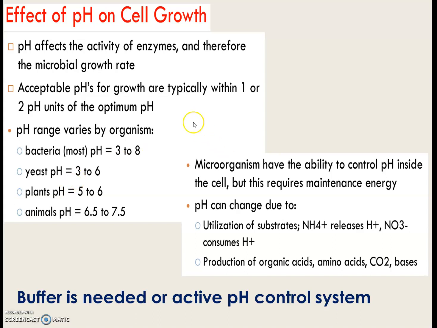So in order to control the pH range in the system or in the process, we need a buffer. A buffer is needed to make sure that the pH range can be sustained in the system or in the process.